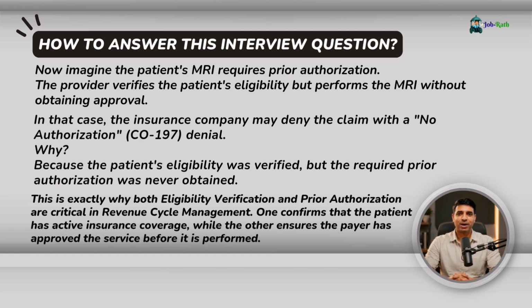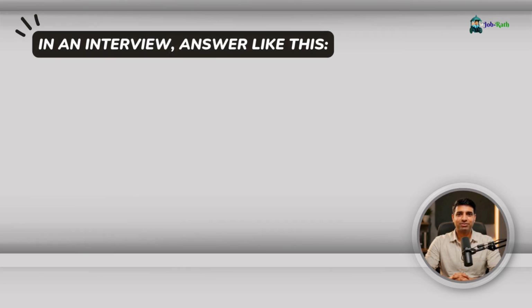This is exactly why both eligibility verification and prior authorization are critical in revenue cycle management. One confirms that the patient has active insurance coverage, while the other ensures the payer has approved the service before it is performed. So, if the interviewer asks you, what is the difference between eligibility verification and prior authorization?